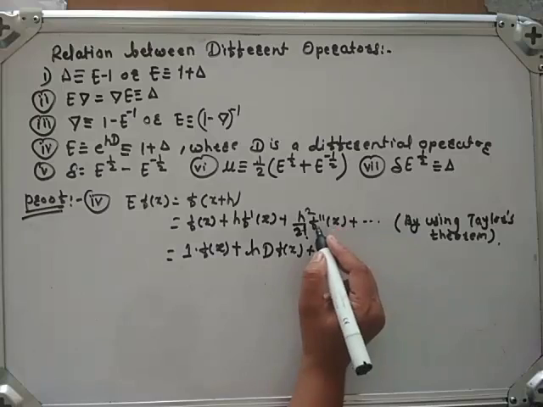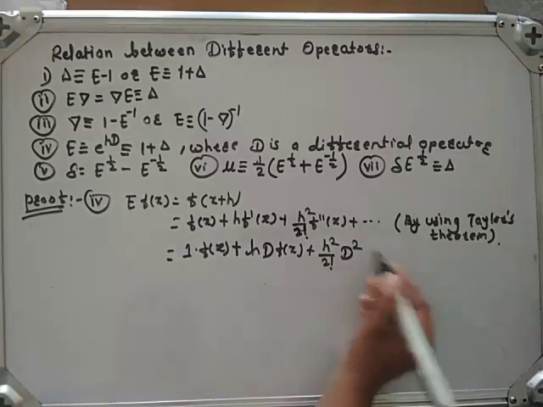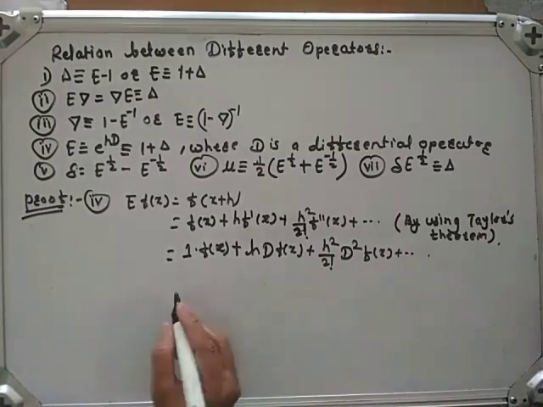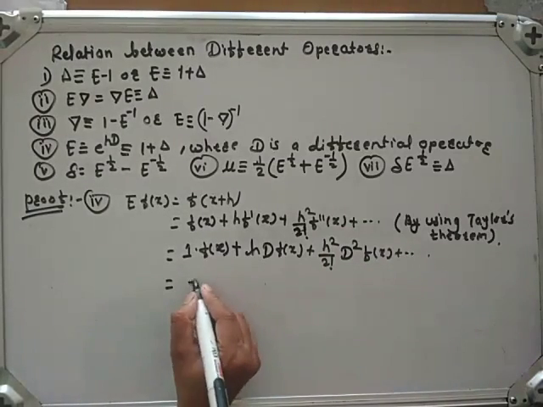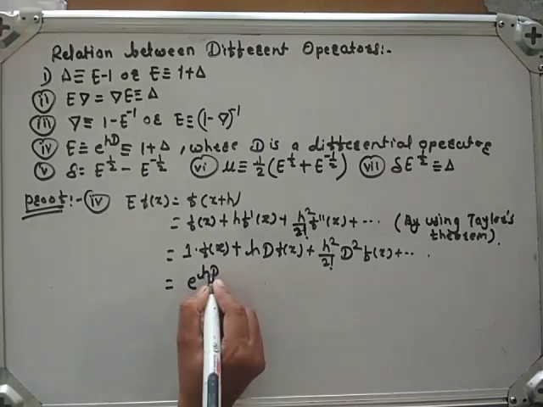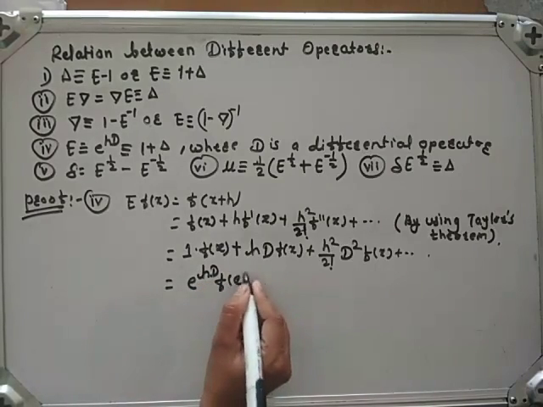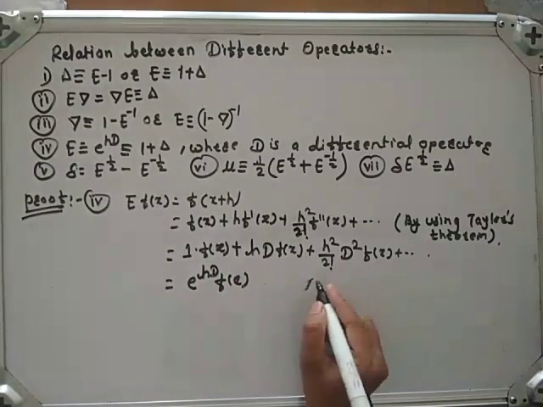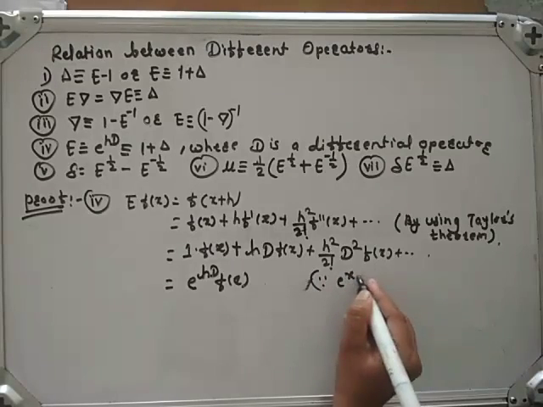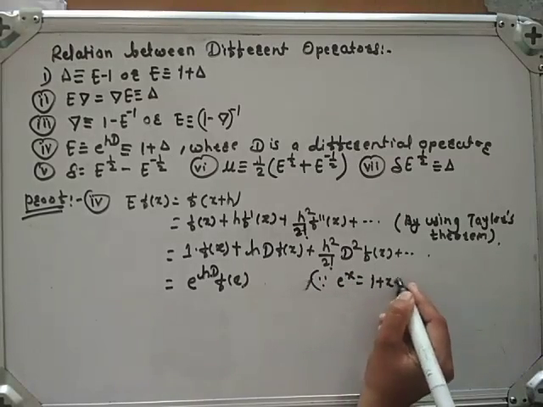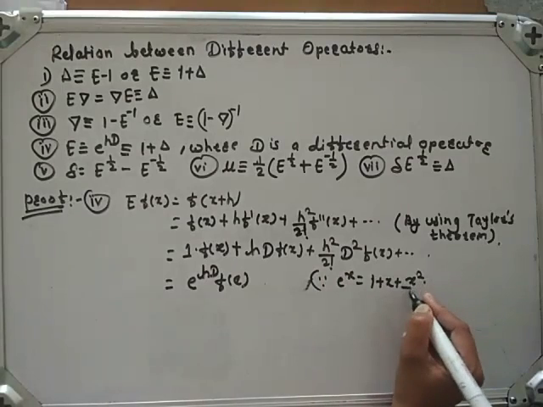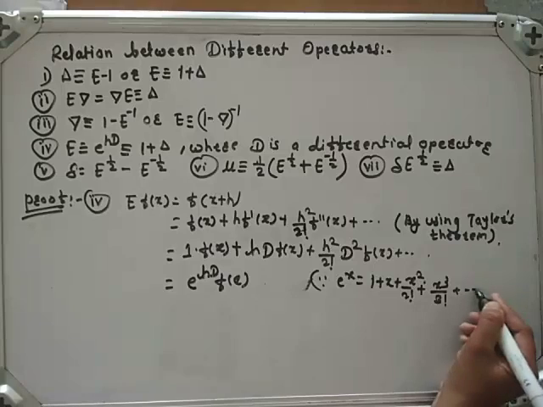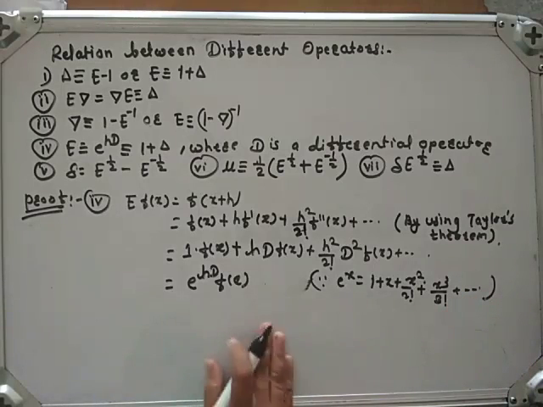This is f double dash, double derivative. Therefore D square of f of x plus and so on, which is nothing but E raised to hD f of x. See, it is here, since E raised to x is equal to 1 plus x plus x square upon 2 factorial plus x cube upon 3 factorial plus and so on.